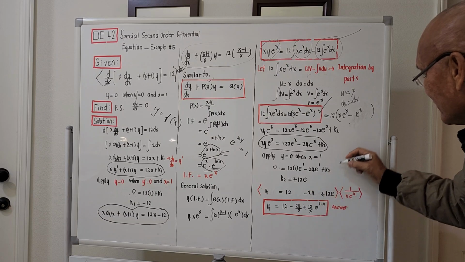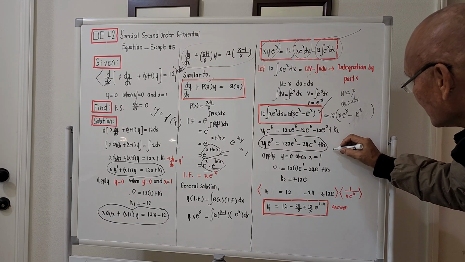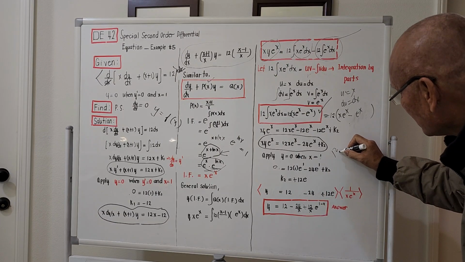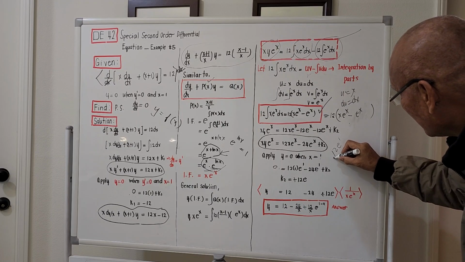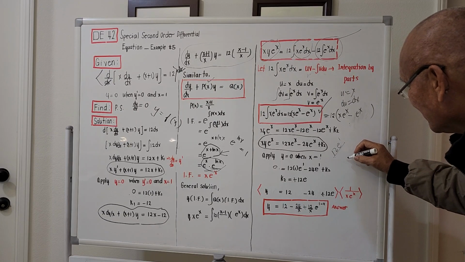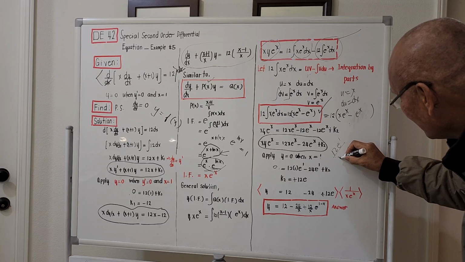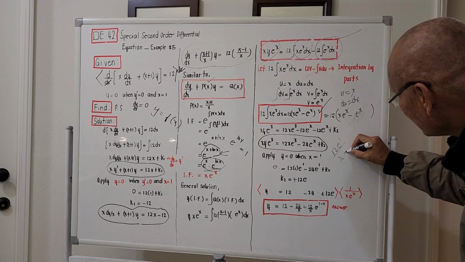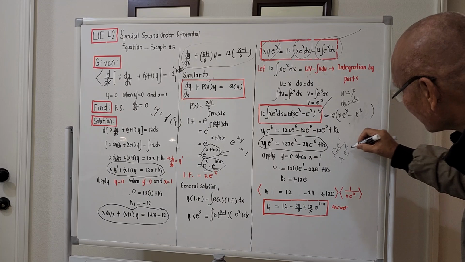Because there is an e over here, I will try to show you. 12 e to the first all over x times e to the plus x.